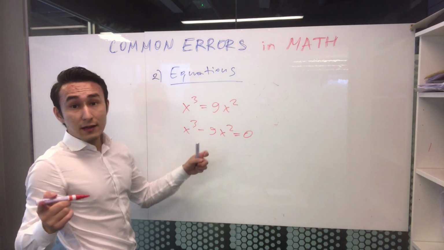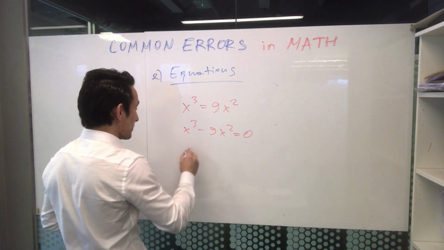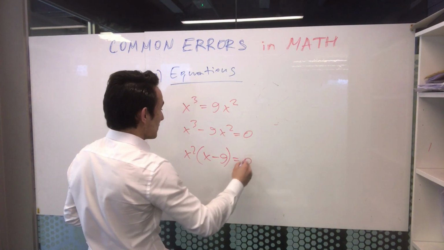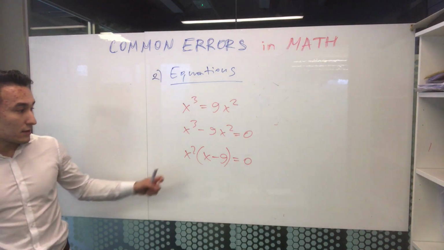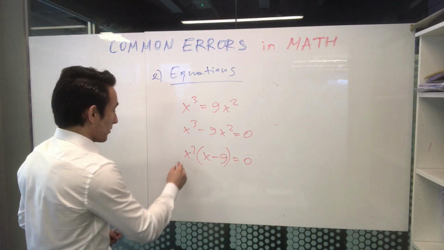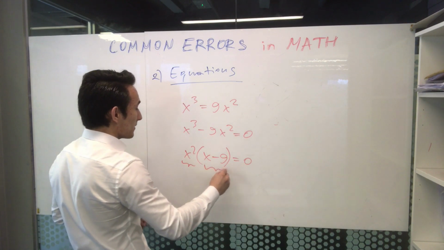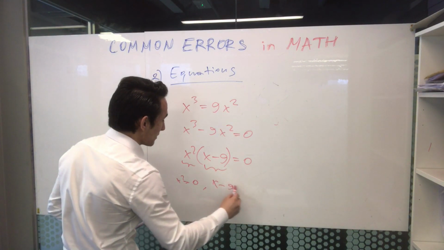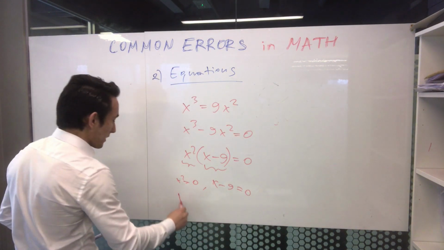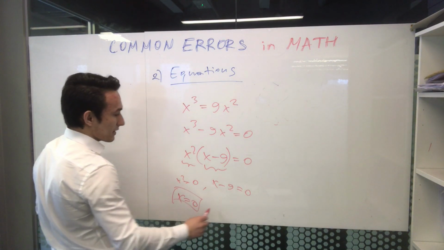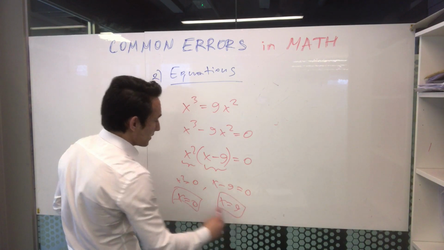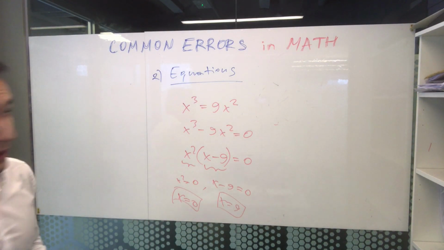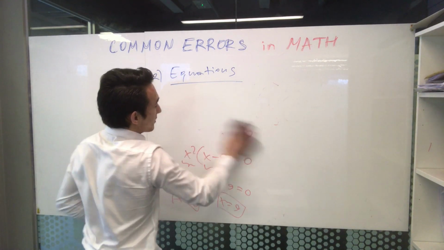The next step is to factorize the x squared out. So x squared times x minus 9 is equal to 0. From here we have x squared is 0 or x minus 9 is 0. It follows that x is 0 or x is equal to 9. So again, two solutions. Please do not cancel out the x's on both sides. So that was about the equations.